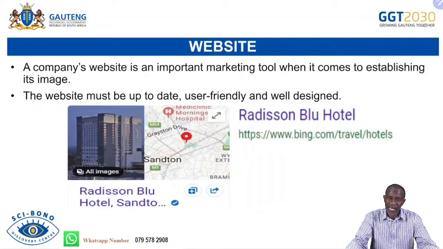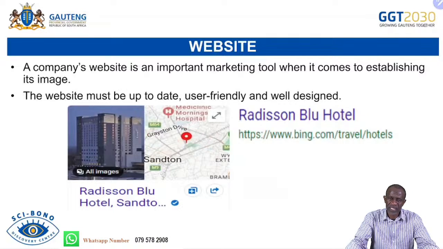The website, it's another aspect. A company's website is an important marketing tool when it comes to establishing its image. So when you run a business, make sure that you create a website or you register a website so that people get to know more about your company.